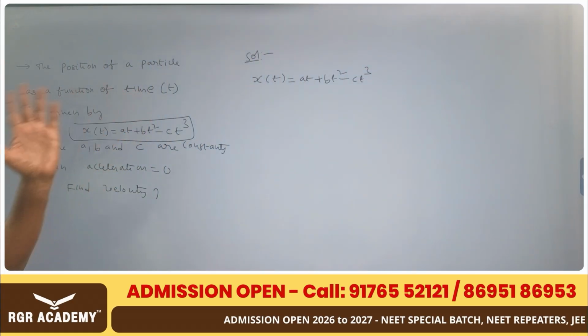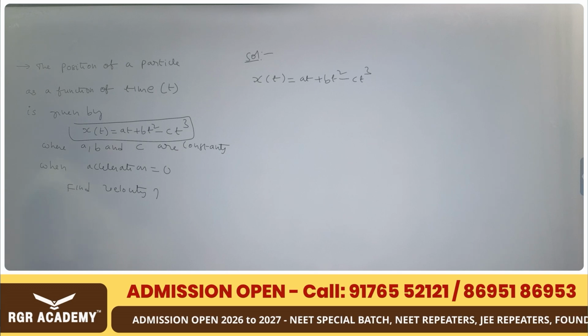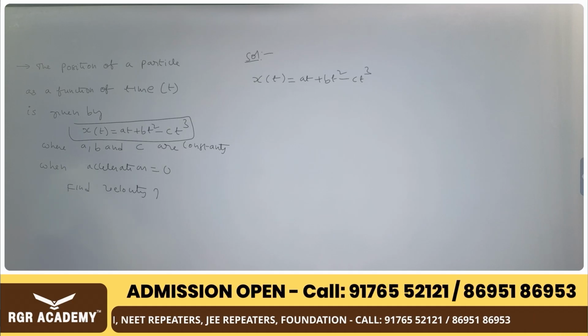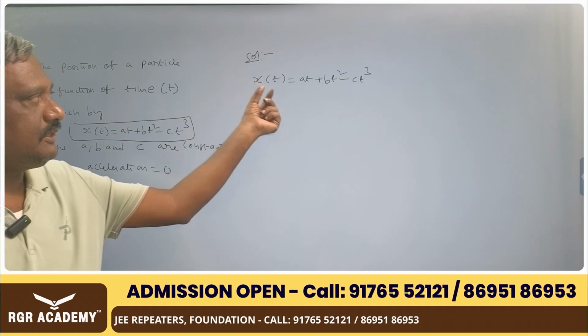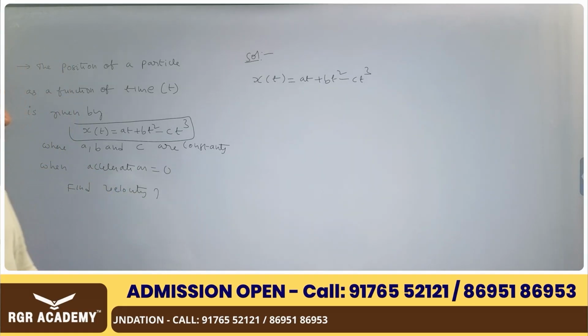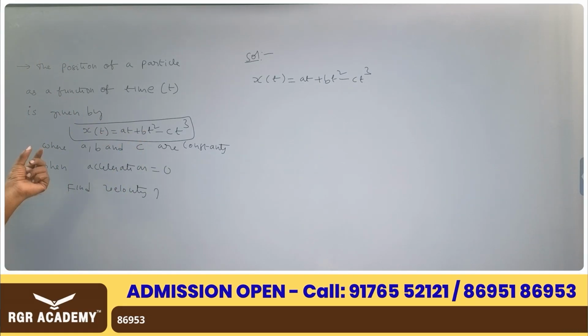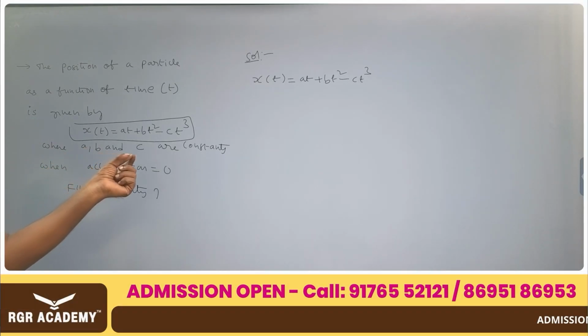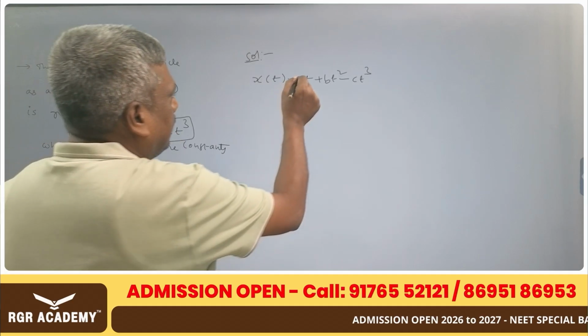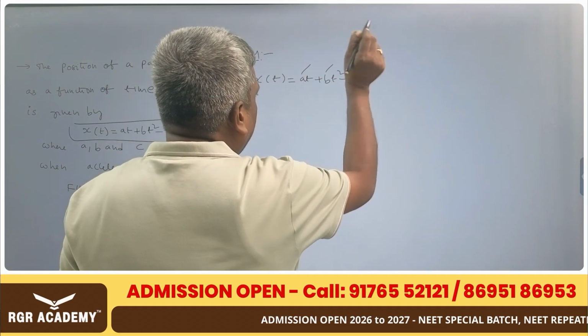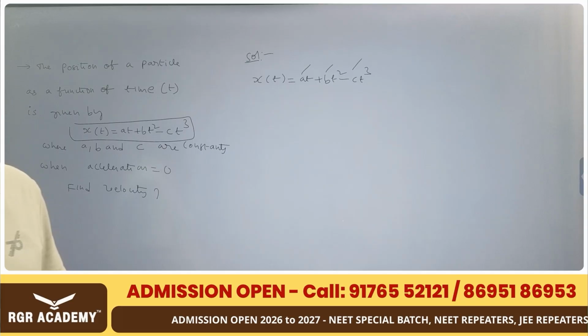That is the distance travelled by a particle, or the position of a particle. Here a, b and c are constants given in the question.